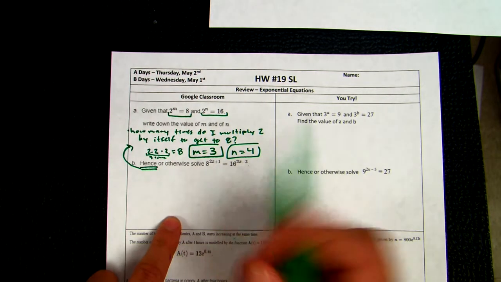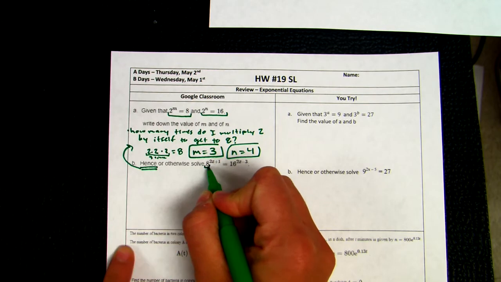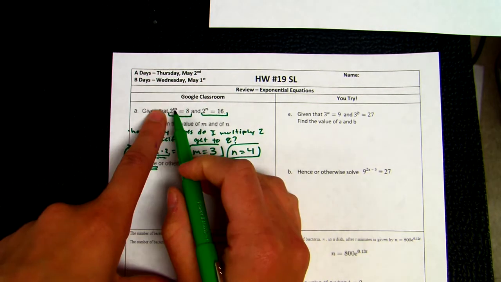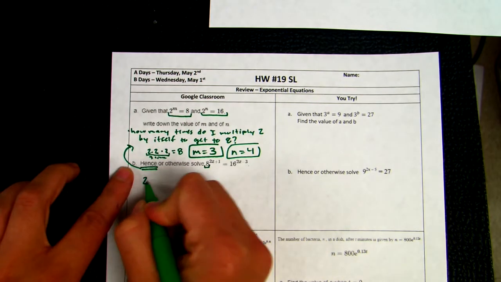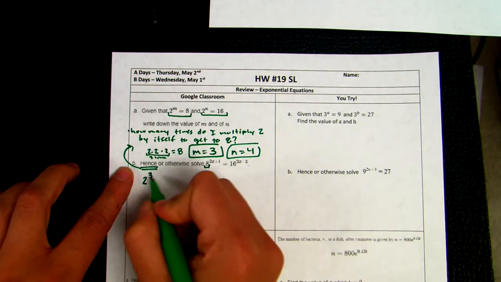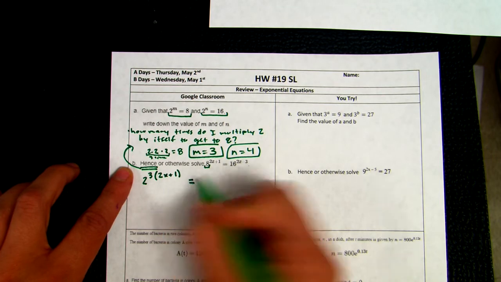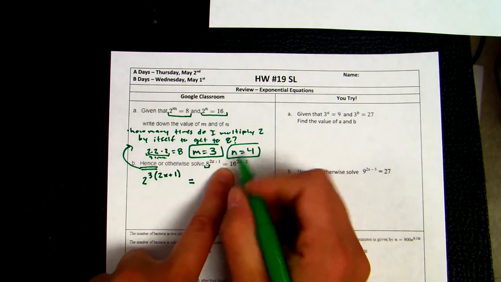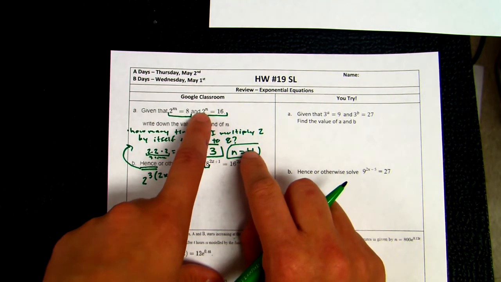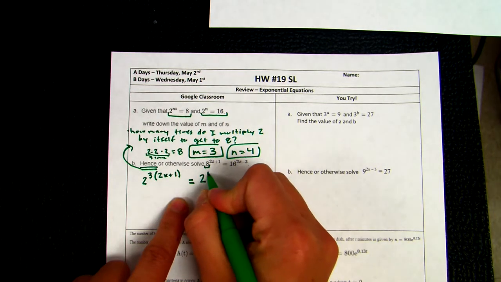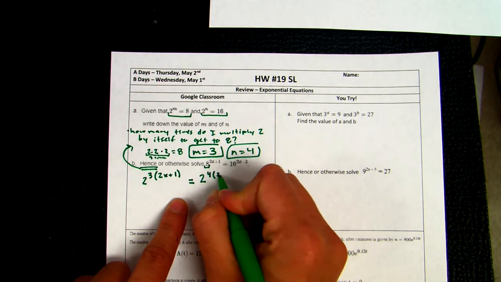So I could replace 8 here with 2 to the power of 3, is equal to, well, 16 can be replaced with 2 to the power of 4, and then the rest of the exponent here.